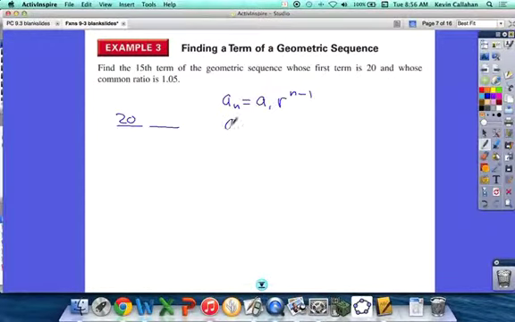Okay, so we want A20. The first term is 20. No, sorry, we want the 15th term. I knew I was messing that up. We want A15. The first term is 20, and then we've got 1.05 to the 15 minus 1.